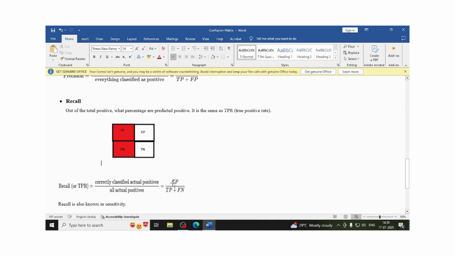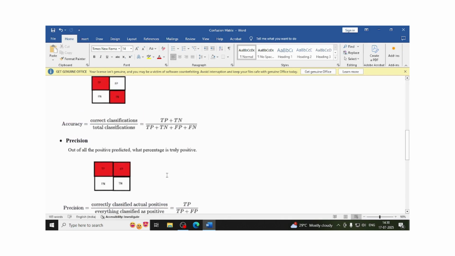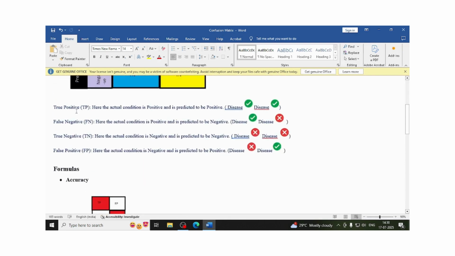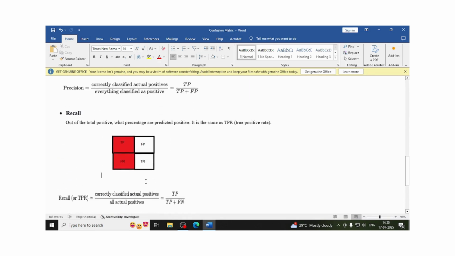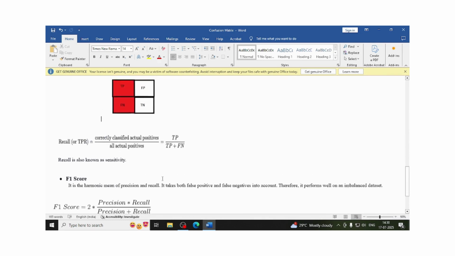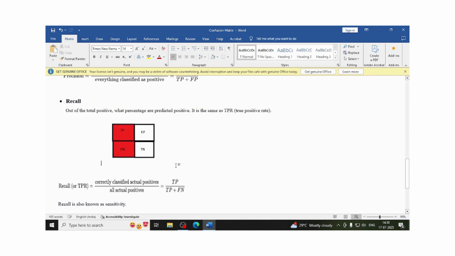The actual values are positive in TP and FN. So the recall part depends on the actual values. Recall is also called sensitivity or true positive rate, TPR. If the examiner asks for the formula for recall, give the same formula.